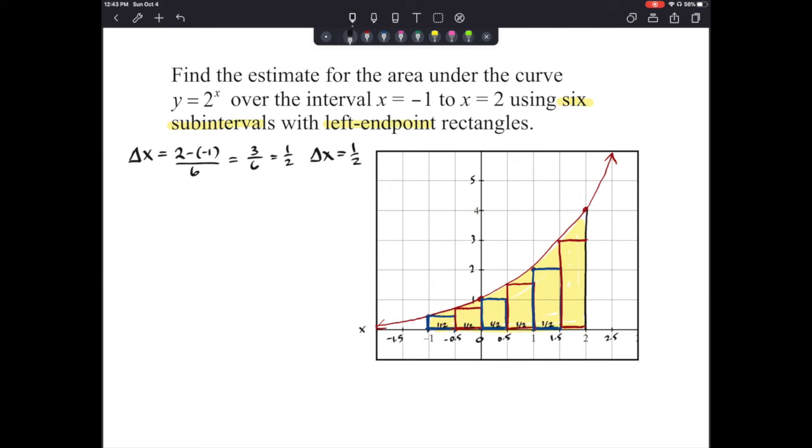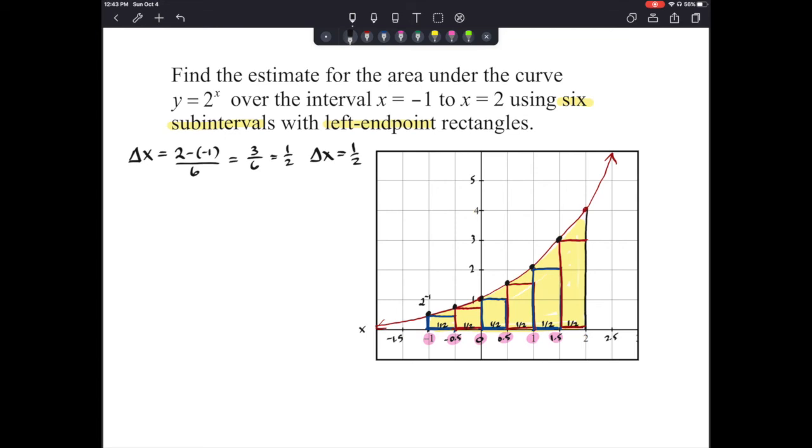So just like on the previous problems, we need to figure out what the heights are going to be on that left endpoint of each of the rectangles. To do that, we're just going to use that function, y equals 2 to the power of x. Remember, these values are going to be your inputs. So we're going to start with -1, and when we plug that into the function, we have 2 to the negative first power.